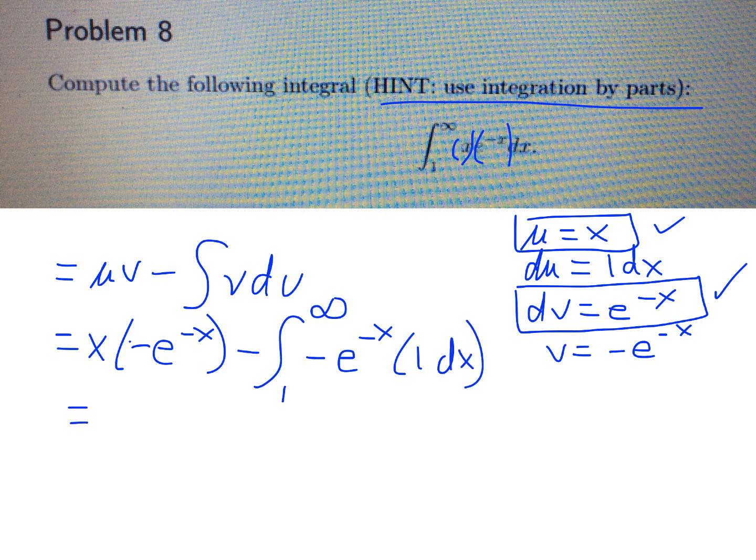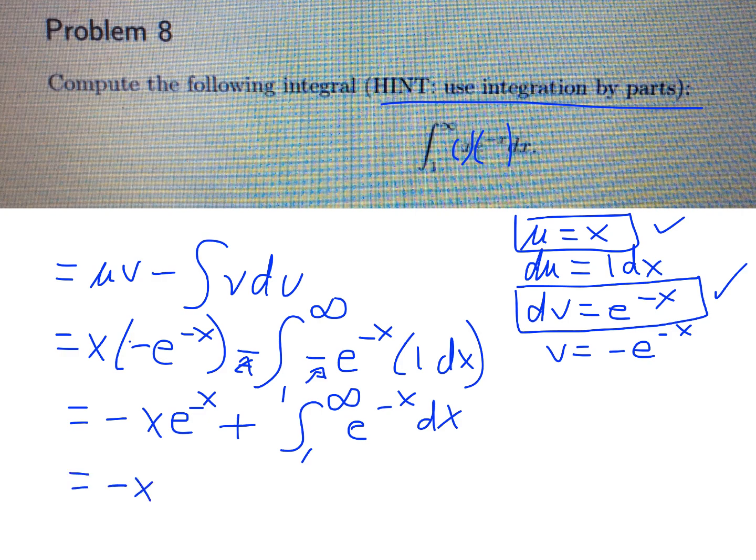If I simplify this a little bit, I'm going to get negative x times e to the negative x minus the integral from 1 to infinity. Actually, change that to a plus because we've got a negative times a negative here. And I just have e to the negative x dx to integrate, and that's easy because it's just one function now.